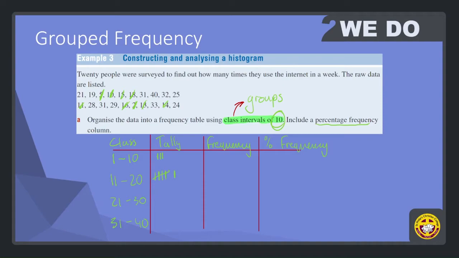Okay, here we have a really good example of why it's a good idea to cross everything out as you count it. I just missed that 19 that should have been in the 11 to 20. If I had not been crossing out the numbers as I went, I would not have known that I missed that 19 just there. All right, let's move on to 21 to 30.